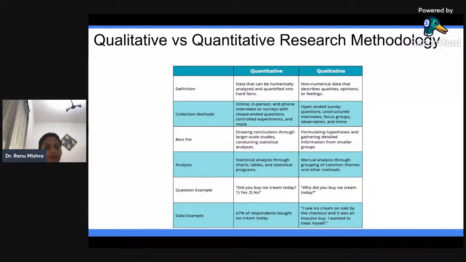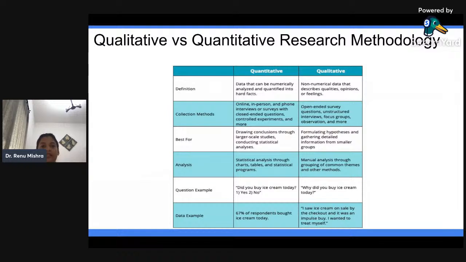In qualitative research, you are trying to get in-depth knowledge, in-depth information. When you want in-depth information, you need to give the respondent a chance to express and speak.